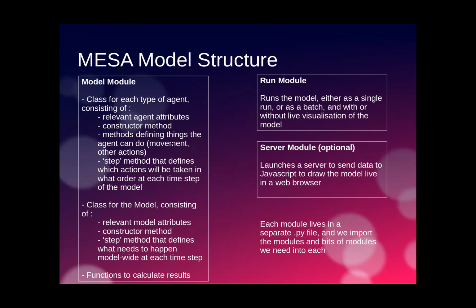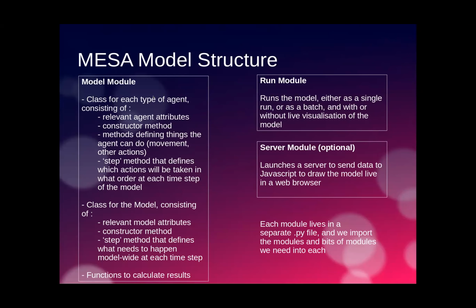It'll have a constructor method. It'll have methods that define the things that the agent can do, moving around the environment or whatever else they may do. And it'll also have a step method. That step method will define what actions it will take in which order. So it'll say at each step of the model, each time step, do this, then do this, then do that. Okay, so you have a class for each type of agent.